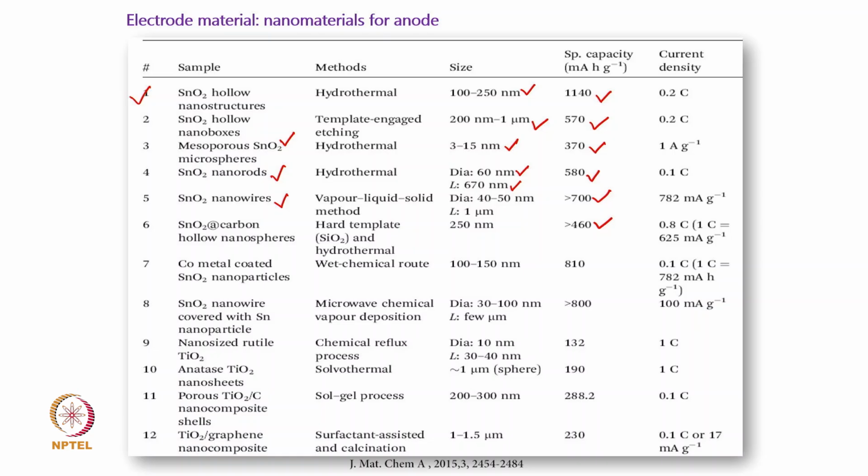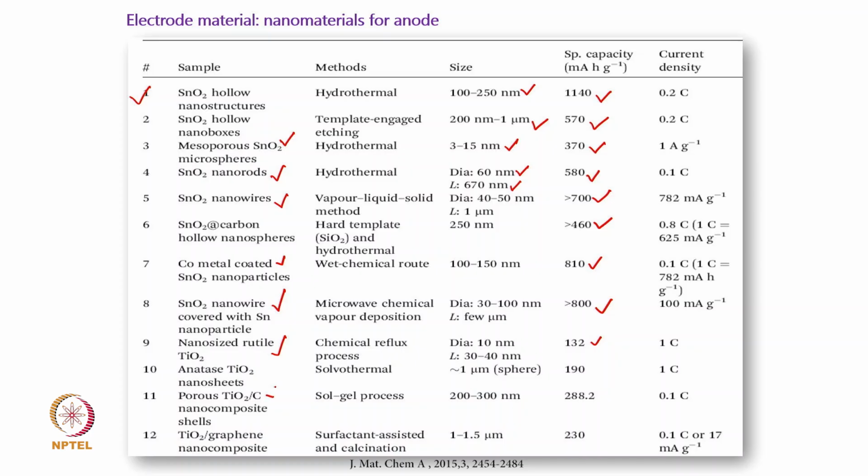So, these are typical examples of different morphologies of SnO2 which people have reported in different literature. These are some more examples, like cobalt metal coated SnO2 nanoparticle, where you have a slightly higher specific capacity. Again, SnO2 nanowire covered with Sn nanoparticle, you have slightly higher specific capacity, but nano-sized rutile TiO2 has less specific capacity. Okay.